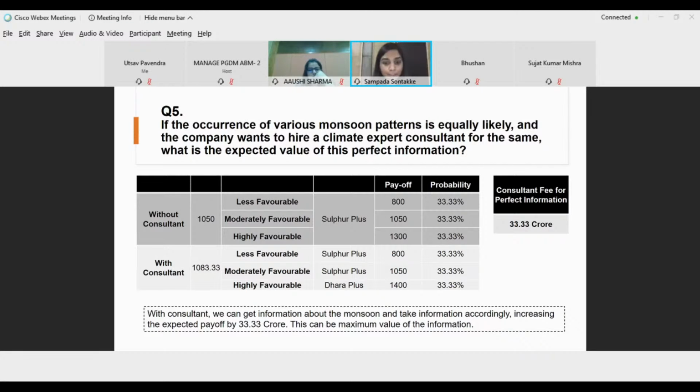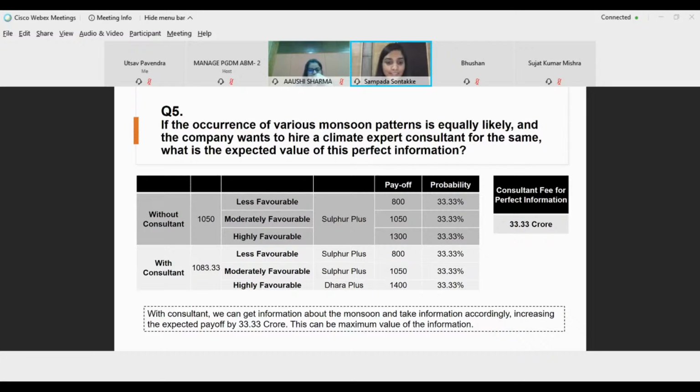So then we multiplied this with the probabilities and found that the payoff for this situation will be 1083 crores. Subtracting the payoff for the without consultant scenario, we came up with a figure of 33.33 crores, which is the incremental benefit we will get if we employ a consultant.